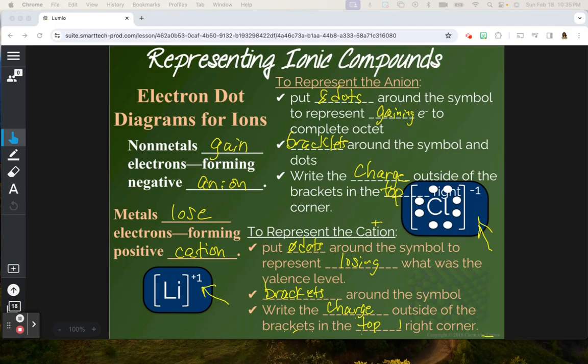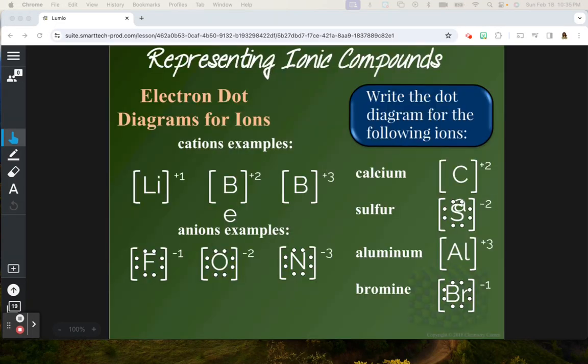Now, why don't you practice calcium, sulfur, aluminum, and bromine samples? Take a minute and pause. Here's some examples that you could add to your notes.